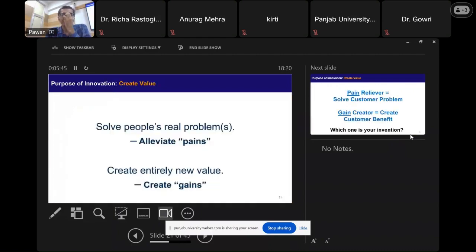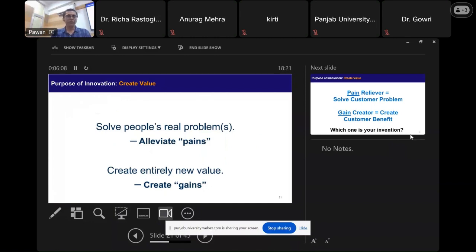Now, when we say value proposition, it could be in the form of two things. When I said it has to be somewhat better than what exists in the market, that could be in two forms. It could be, as we call it, alleviating pain, which means some pain exists and you are helping relieve that pain.